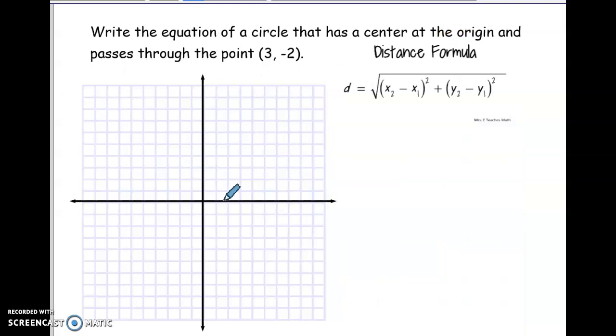Okay, so the last two are getting a little more tricky, and they're getting more towards what you might see on the ACT or the MCA. This one we have to use the distance formula on. So we're going to write the equation of a circle.